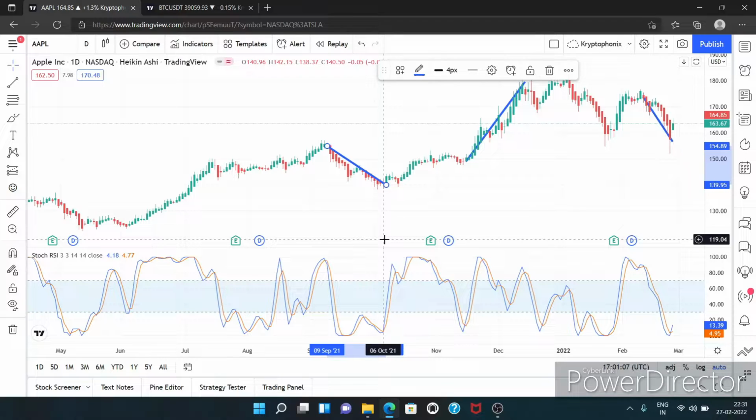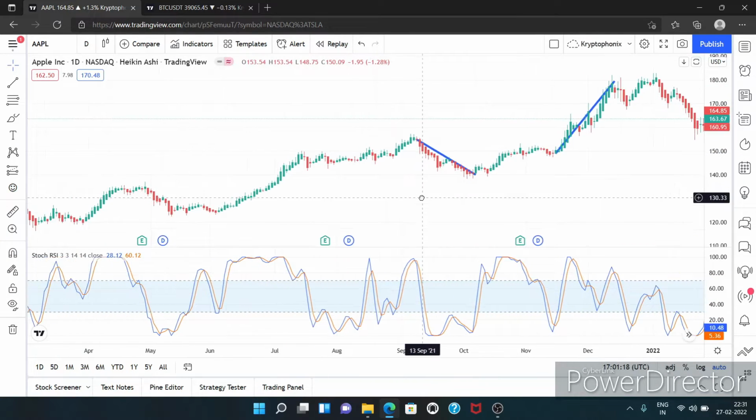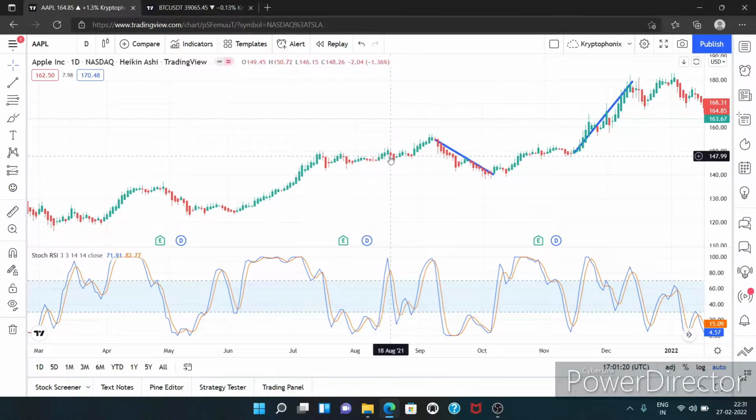If we look at this point, two consecutive green candles were formed, but the stochastic RSI had already breached the 30 mark. Not a great up move was seen. Coming over here, two consecutive red candles, but the stochastic breached the 70 mark. No sell signal. If we look right over here, two consecutive red candles were formed, but the stochastic RSI had already breached the 70 mark.